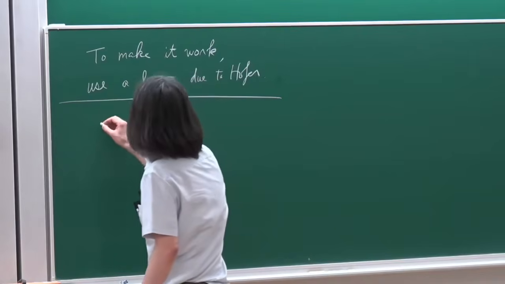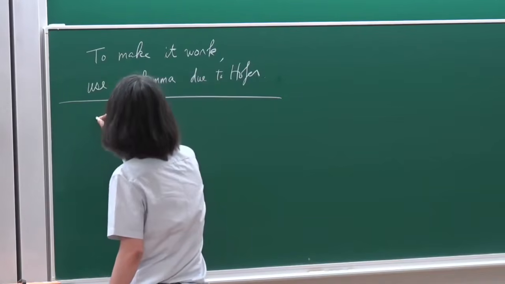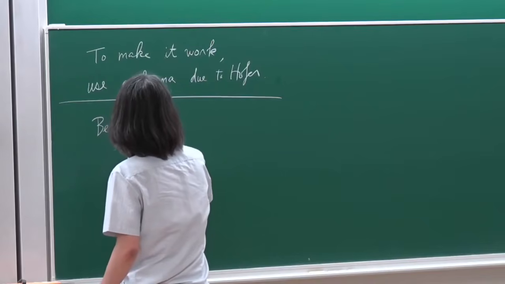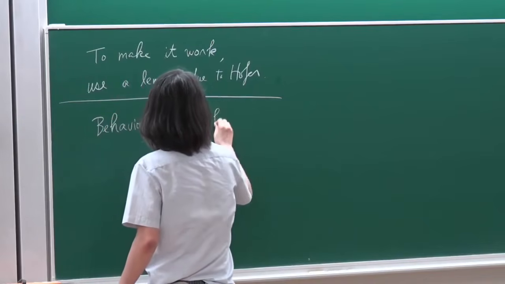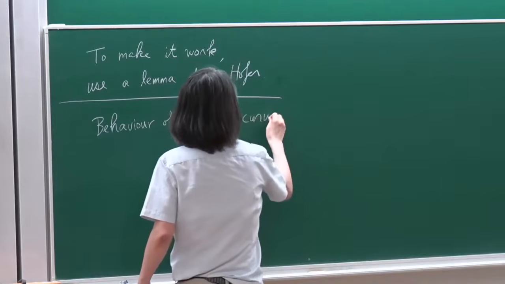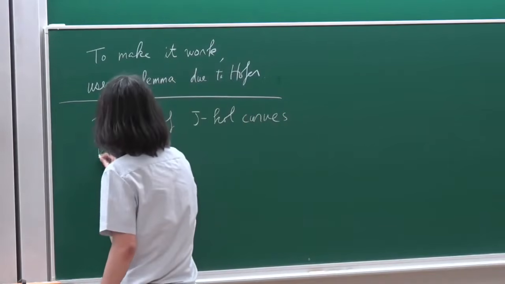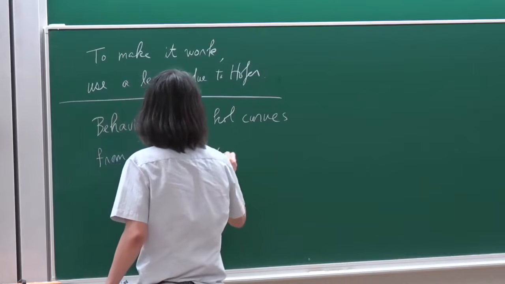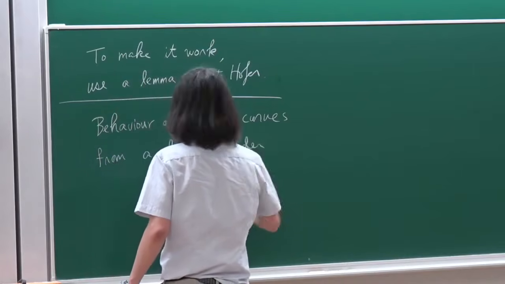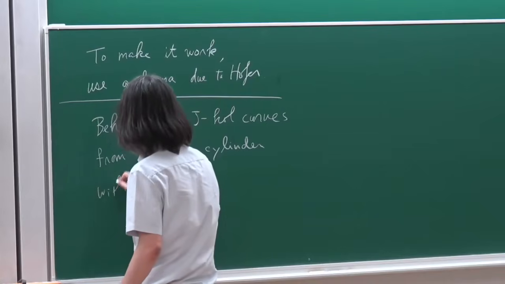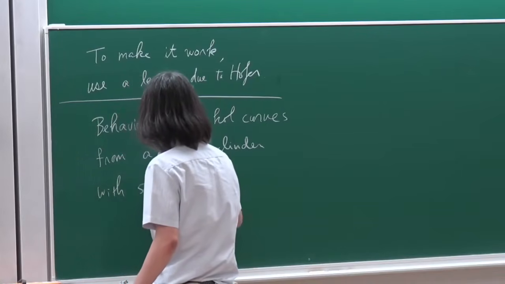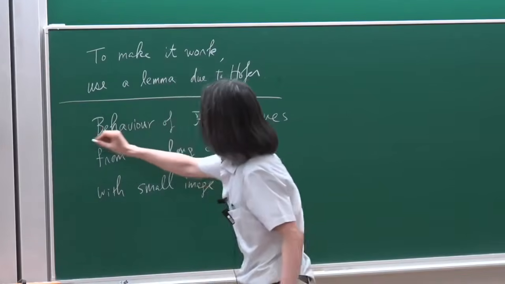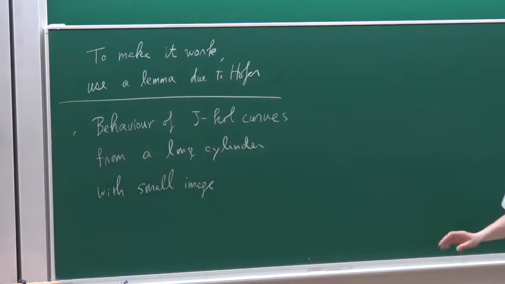That is the behavior of the holomorphic curve from a long cylinder with small diameter, small image. So the next thing I have to talk about is these things.